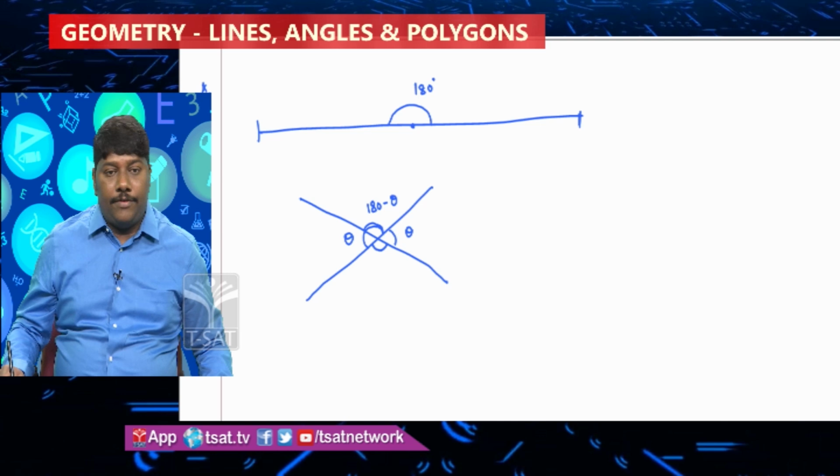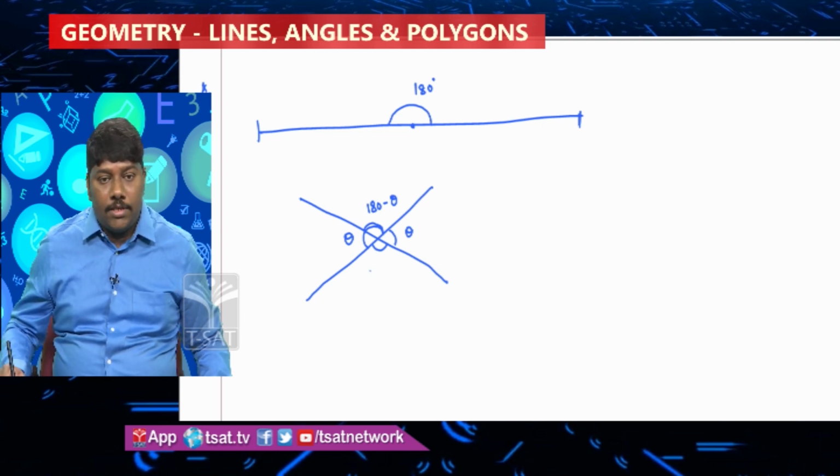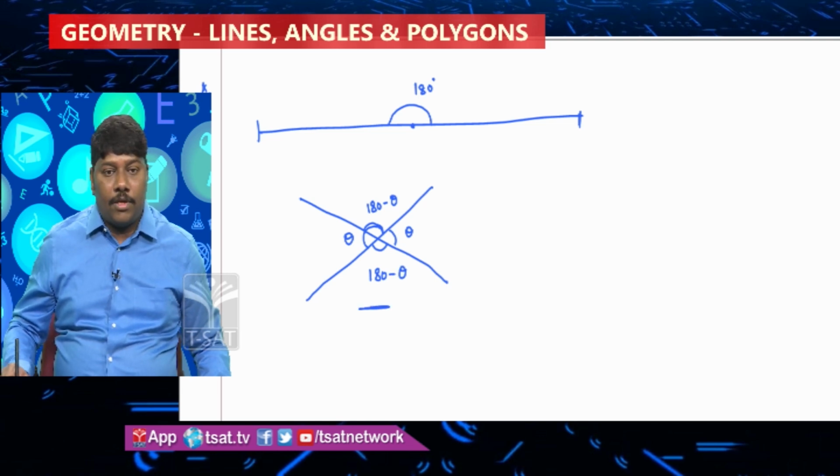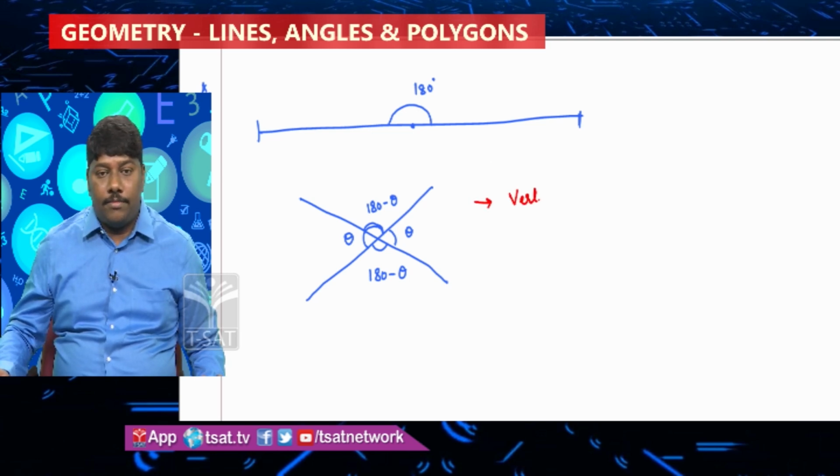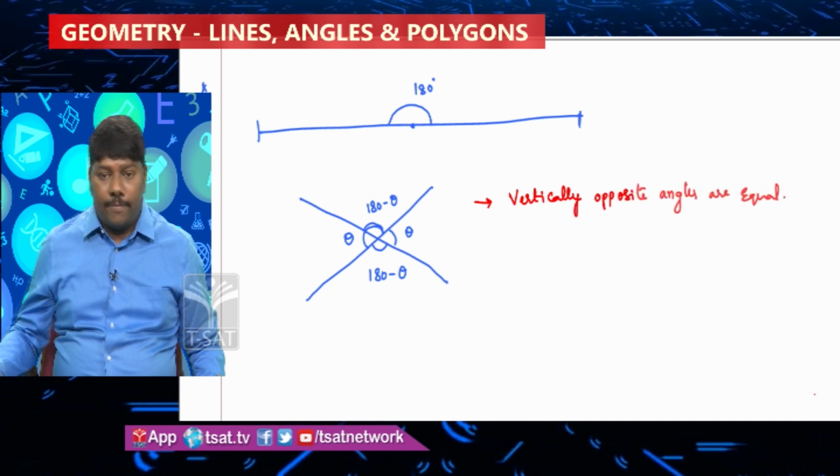Linear pair means it makes a straight line. So again, this is 180 minus theta. So from this, if two lines intersect, you can clearly see that vertically opposite angles are equal. So we say when two lines intersect, vertically opposite angles are equal.